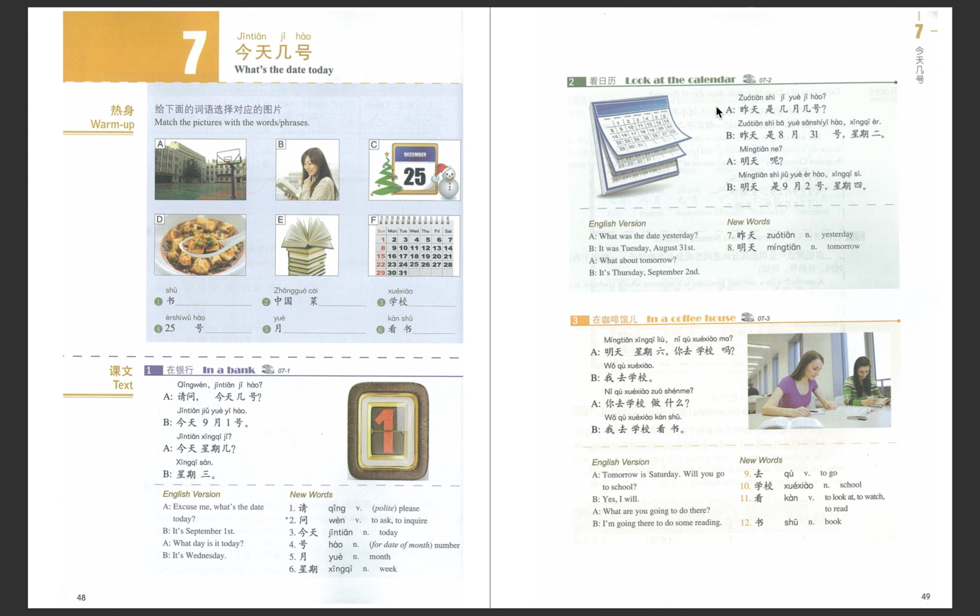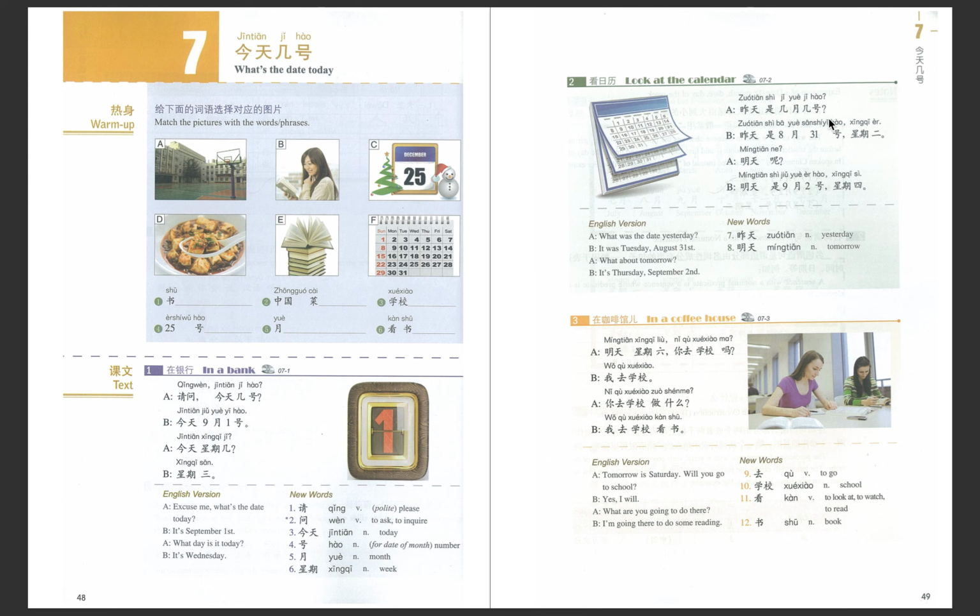Look at the calendar. 昨天是几月几号？昨天 yesterday. 是 is the verb to be, and because you see yesterday with 是 here, it means we're talking about something in the past. There is no conjugation in Chinese.